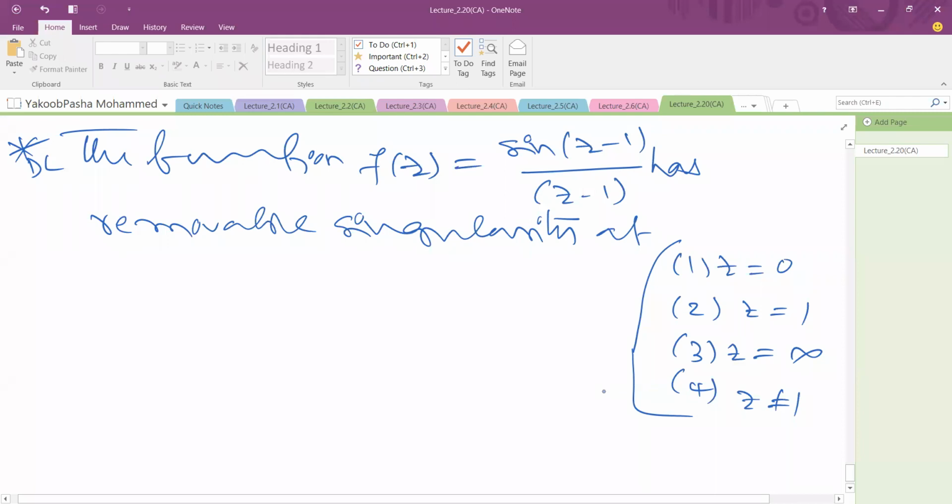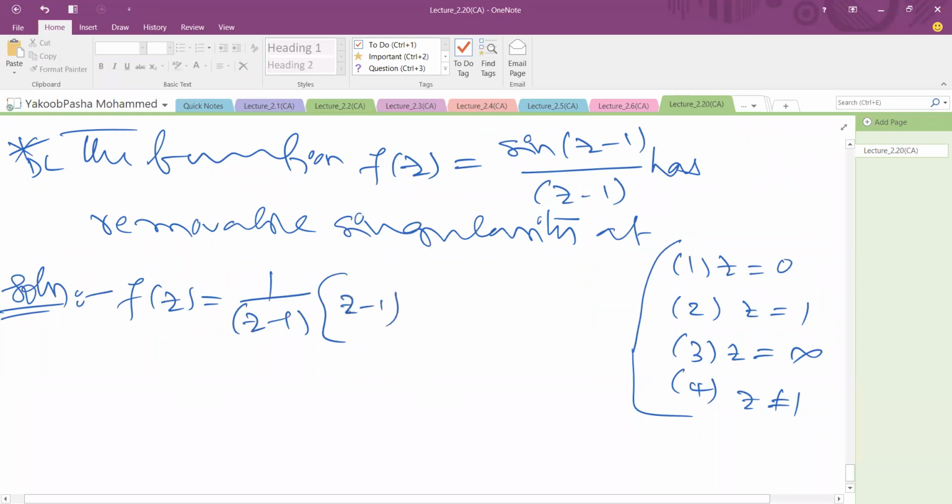Removable singularity means there is no principal part. So first of all, we have to expand the function sine of z minus 1 by z minus 1. That is f of z is equal to 1 upon z minus 1 times the expansion of sine of z minus 1.